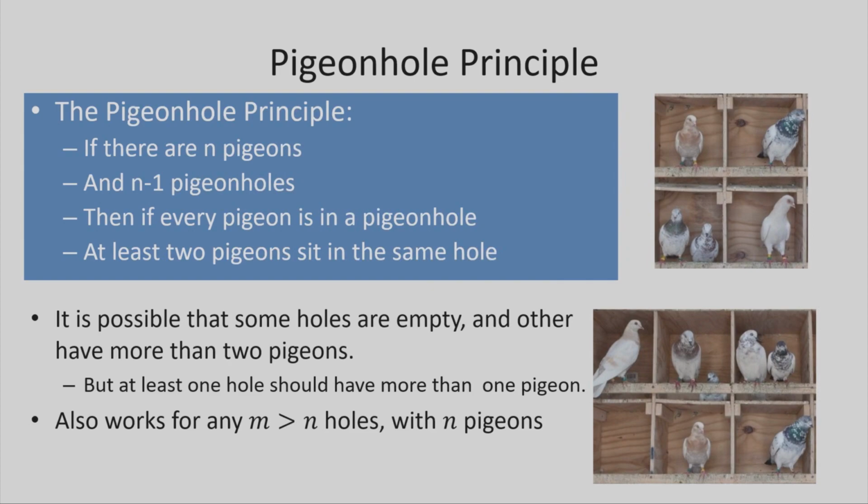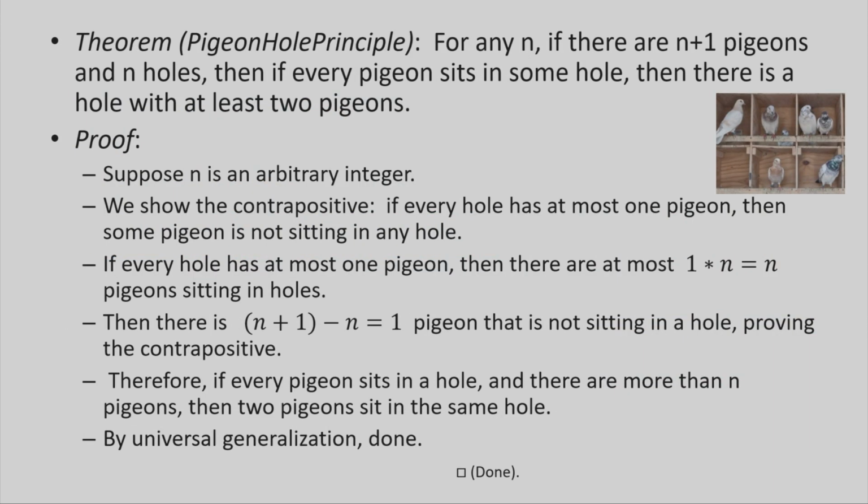So let's go and prove it. I'm not going to bother writing it in the logic form, even though it's not a very long formula, just to fit it on one slide. So here is the theorem, the pigeonhole principle. For any n, if there are n plus 1 pigeons and n holes, then if every pigeon sits in some hole, then there is a hole with at least 2 pigeons.